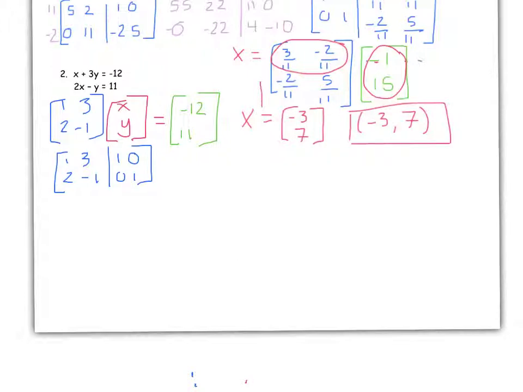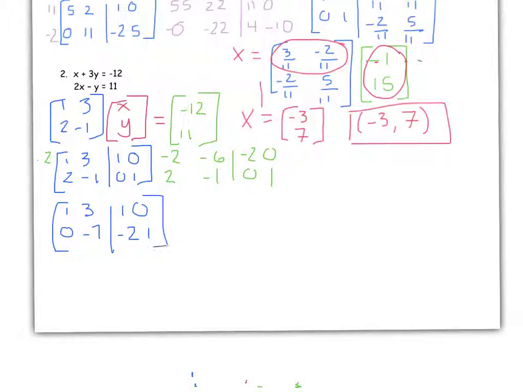Alright, I'm going to go ahead and try to get a 0 in the bottom left position. So I'll multiply the first row by -2. I'm going to leave the first row the same. And when I add those two that I just multiplied together, I get 0, -7, -2, and 1.